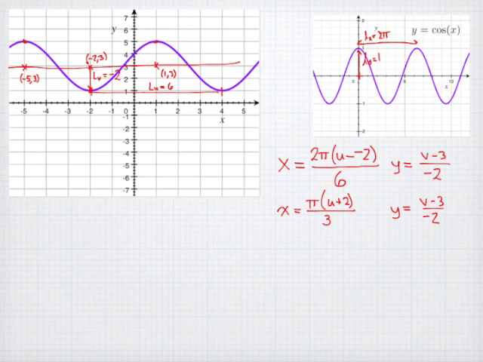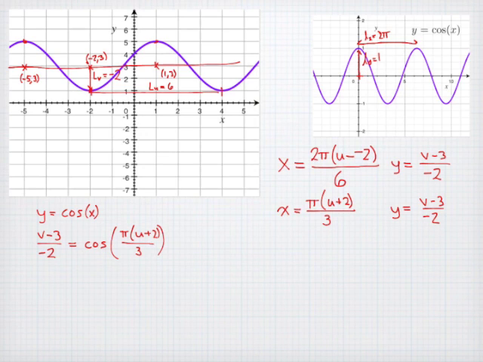Our original graph, y equals cosine of x, in our transformed coordinates becomes v minus 3, include that vertical reflection, over -2, equals the cosine, and we'll now replace x with its transformed value, pi times u plus 2 divided by 3, or 2 pi over 6.